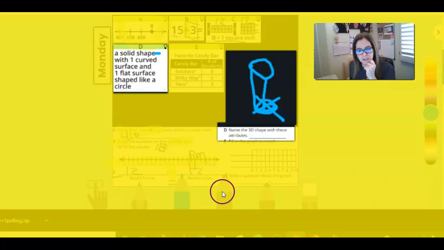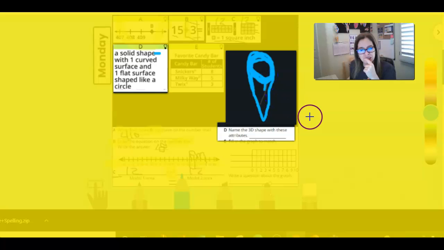But did you see I have to draw to get my thinking out there? So I think it would be more, if it's just one flat surface, that would be this top right here, right? And it's shaped like a circle. That's a curved surface, shaped like a circle. It only has one of them, so it doesn't have one on the bottom.